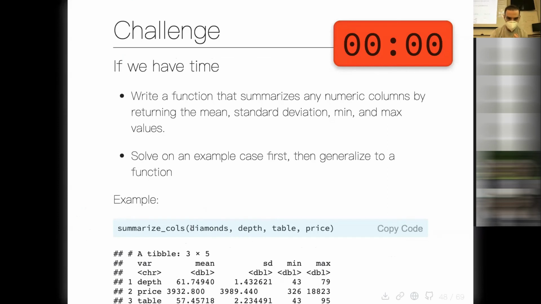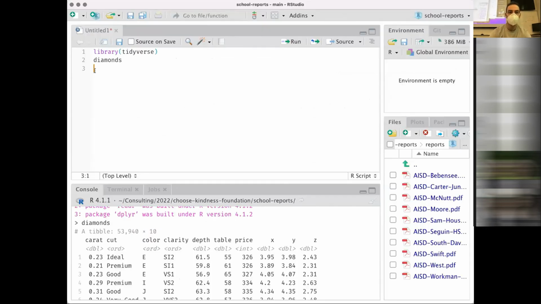And the ones that I was looking at were depth, table, price. If I just asked you to compute the mean of these things, that's pretty easy, right? We know how to do that. We would just go summarize, mean depth equals mean of depth, etc. And we could continue on like that, but that's not very efficient.